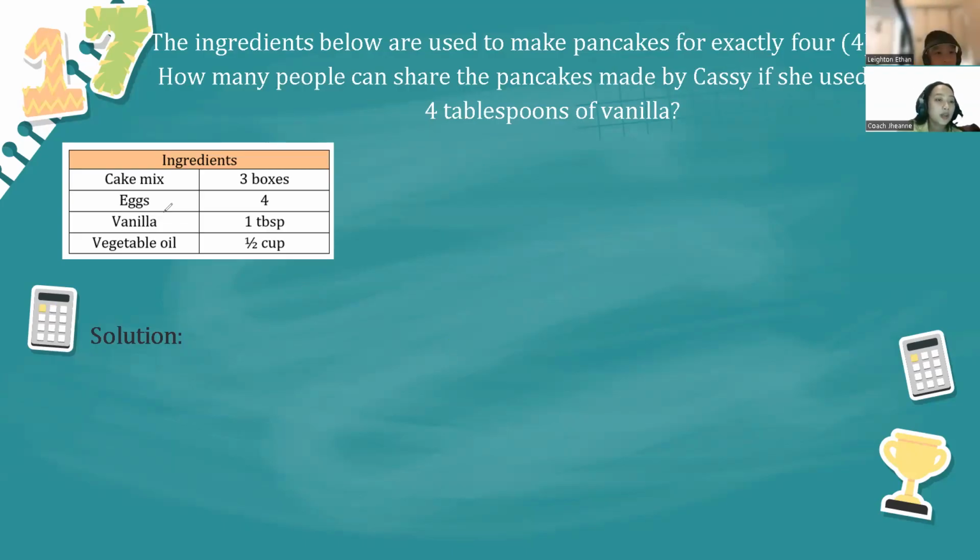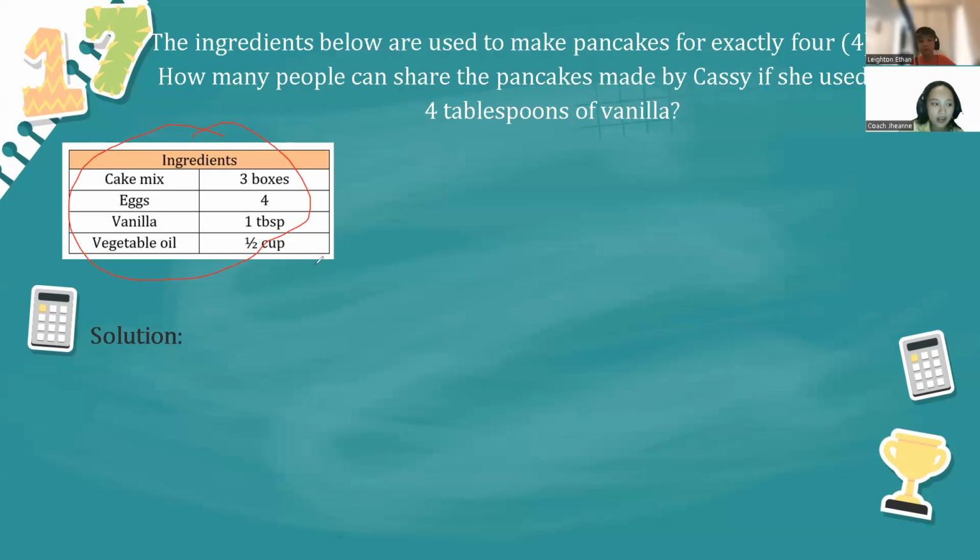The ingredients below are used to make pancakes for exactly 4 people. How many people can share the pancakes made by Cassie if she used exactly 4 tablespoons of vanilla? Everyone is answering 16. So let's solve. These ingredients can make a set.